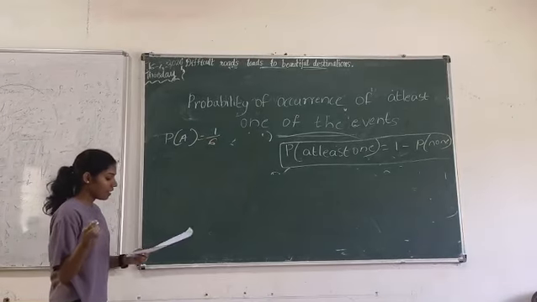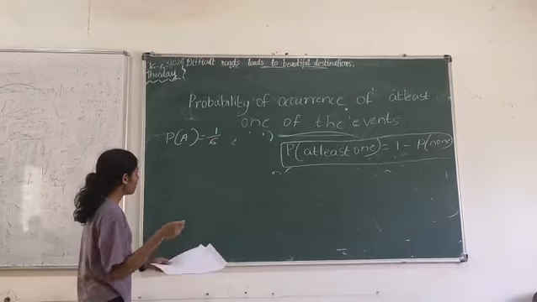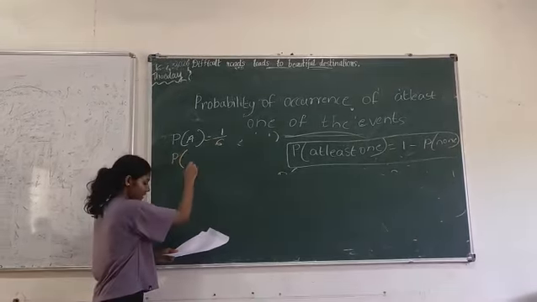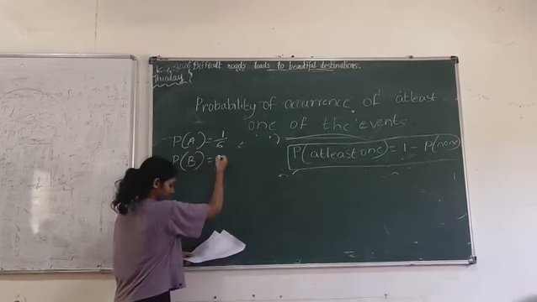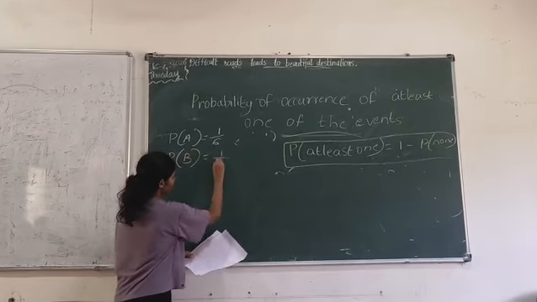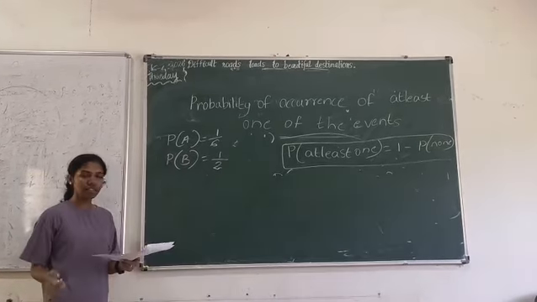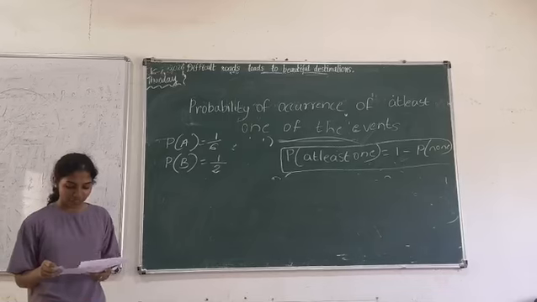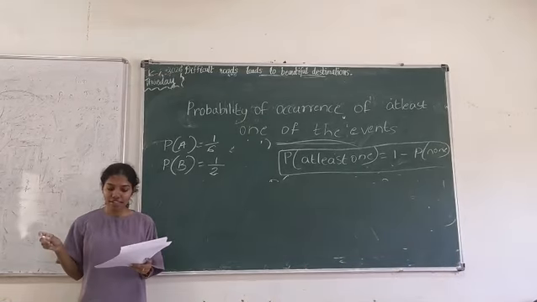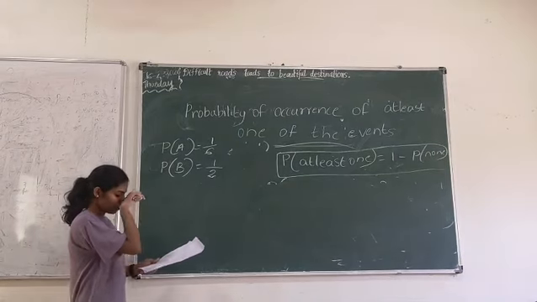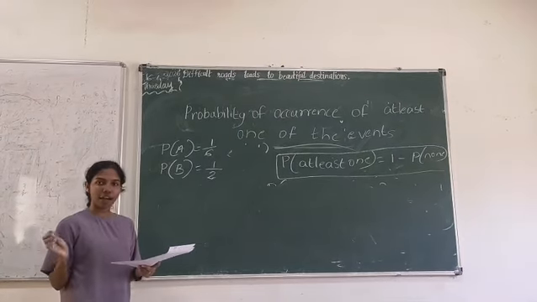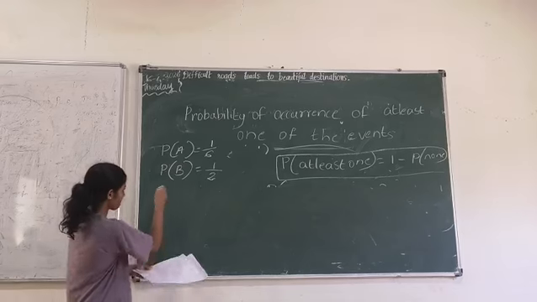Second situation is a coin, and here success is getting a head. This is 1 by 2. And the third situation, a card from a deck, and success is getting a king. So question is, find probability of at least one success.